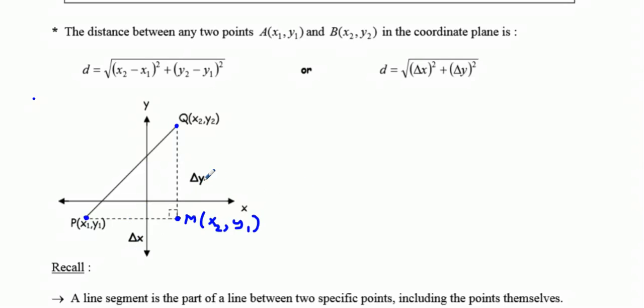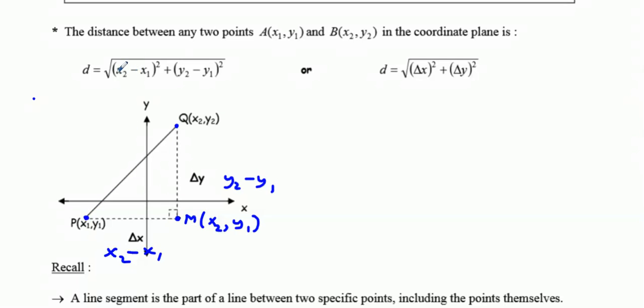Finding the length of this side is really just the difference in the y's, so this would be y2 minus y1. And over here, this distance is just the change in the x's, this one minus this one, so x2 minus x1, or delta x.